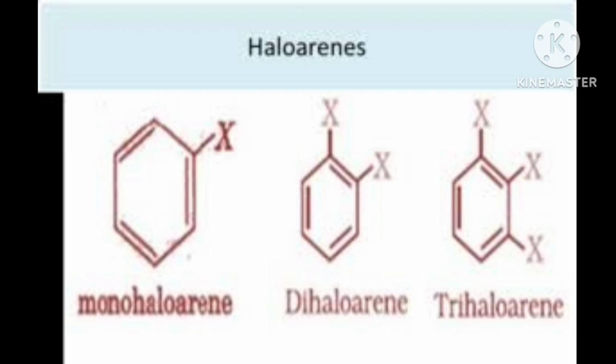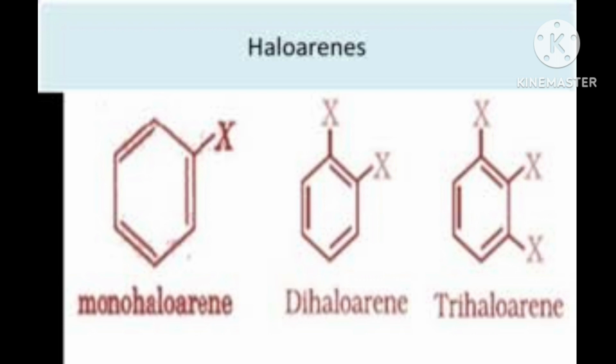Actually, the third hydrogen is replaced by an alkyl group, R dash. Out of four hydrogens, one is substituted with X, and another hydrogen is substituted with R dash. Then only two hydrogens are remaining.